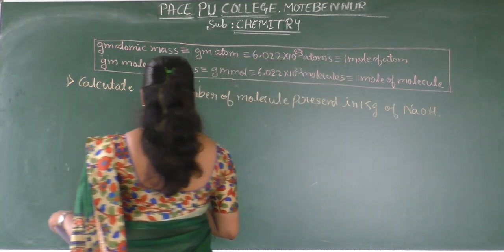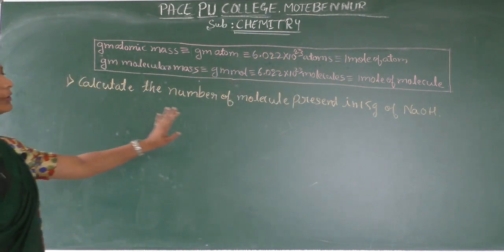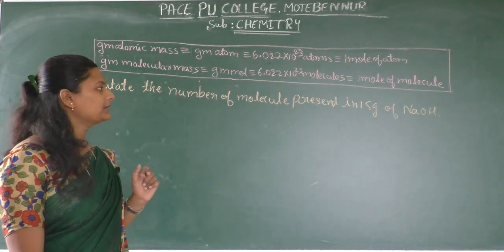Okay, so here we have to calculate the total number of molecules which are present in 15 grams of sodium hydroxide.